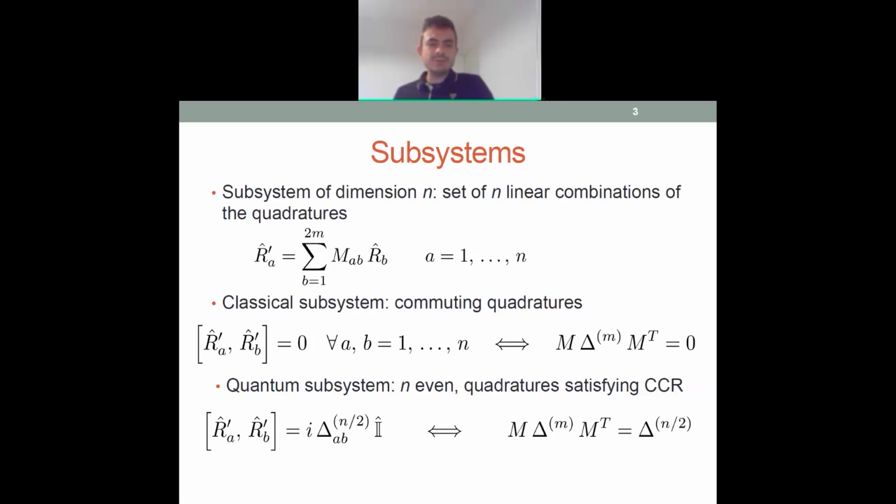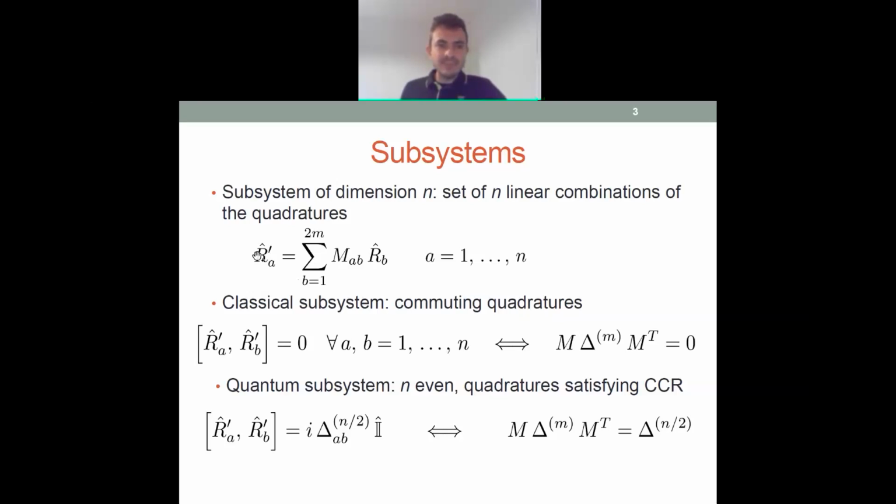And more generally, we do not consider only a subset of the original quadratures, but we consider a slightly more general definition of a subsystem, where each quadrature of the subsystem is given by a linear combination of the quadratures of the original system.